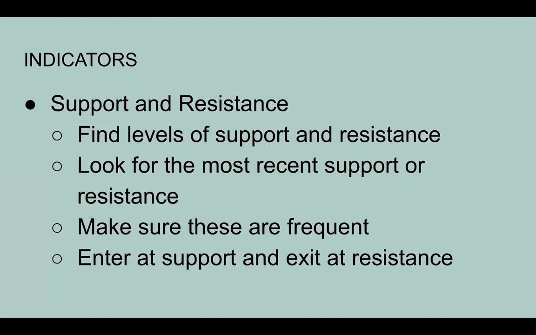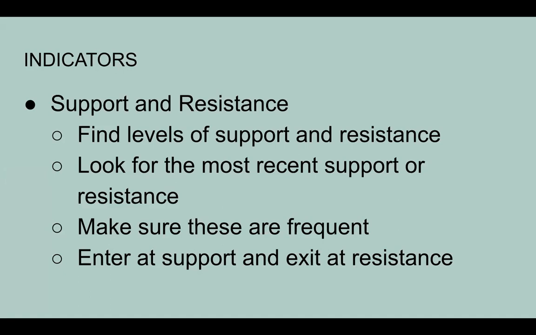So what you do is look for the most recent support or resistance. And if you're not sure what is support and resistance, I will explain that. And then make sure these recent ones are frequent, meaning make sure that it repeats, respects that level 2 or 3 times at least. All right.